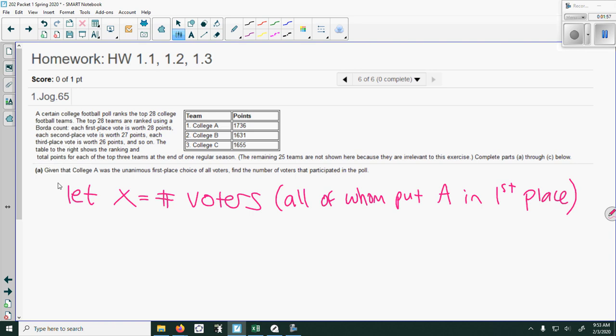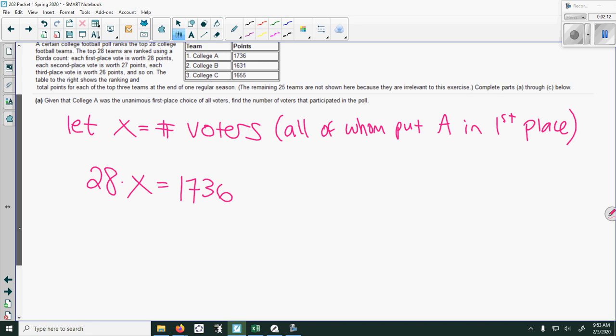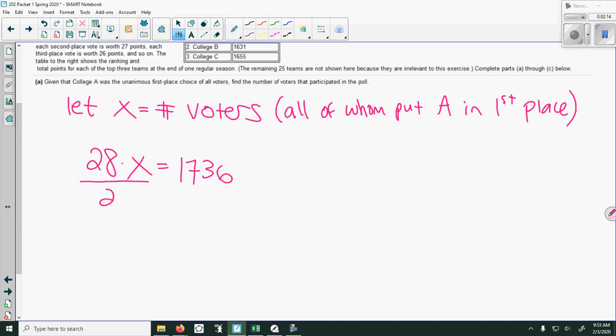If every single voter put A in first place, then we can multiply 28 points times the total voters, and that should give us the points that A received, 1,736. Then we divide both sides by 28, and you get X is 62.